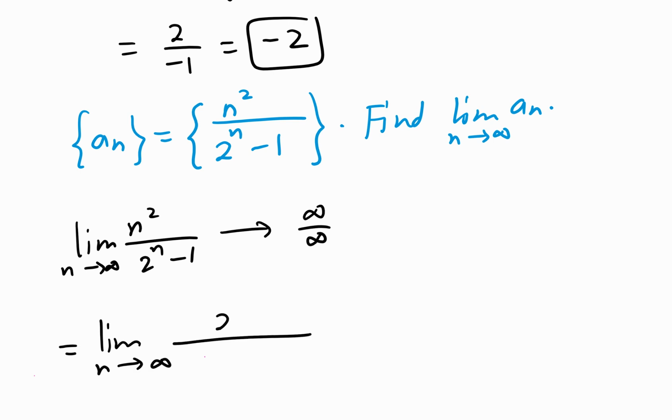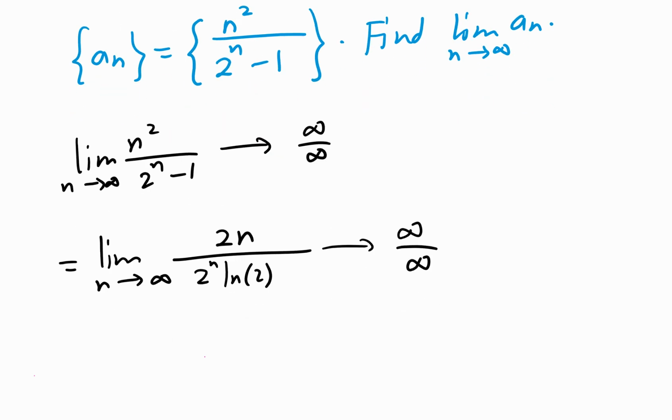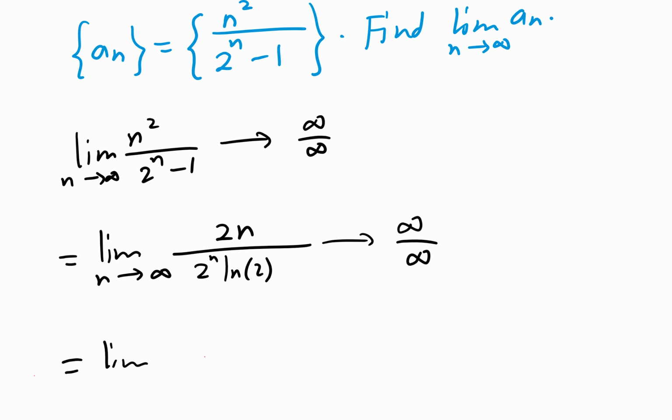The derivative of n squared is 2n. The derivative of 2 to the n is 2 to the n times the natural log of the base times the derivative of n, which is 1, minus the derivative of 1, which is 0. This still gives us infinity over infinity, so we can use L'Hopital again.